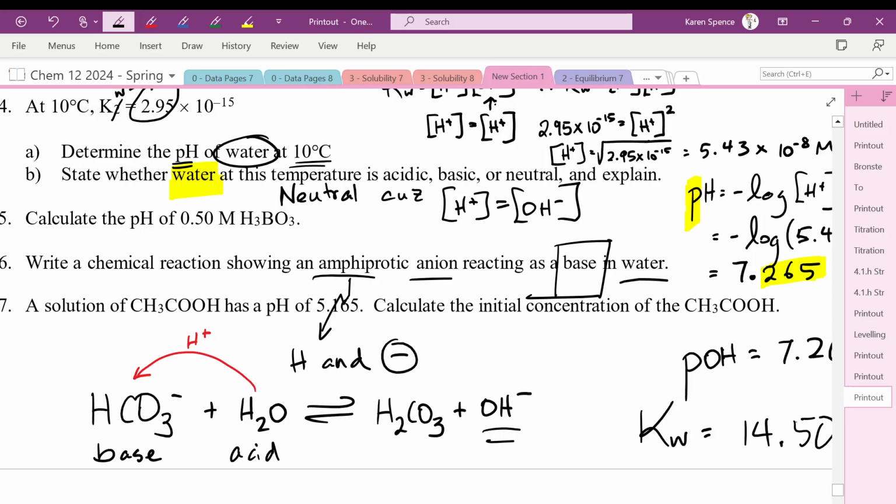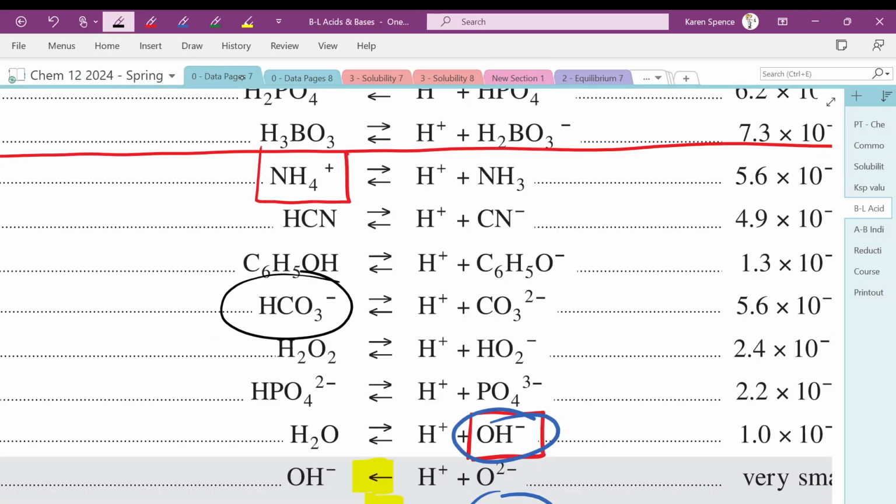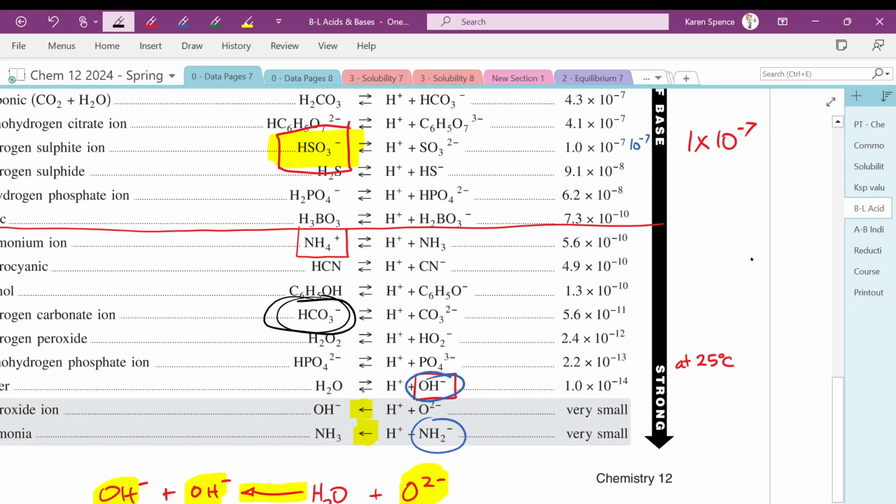Now, someone in my other class asked me about this, and they were like, hang on a second, HCO3 minus is a stronger acid than water. Shouldn't it act as an acid and water act as the base? Water can do whatever you need it to do. If you say I need HCO3 minus to act as a base, water will act as an acid.